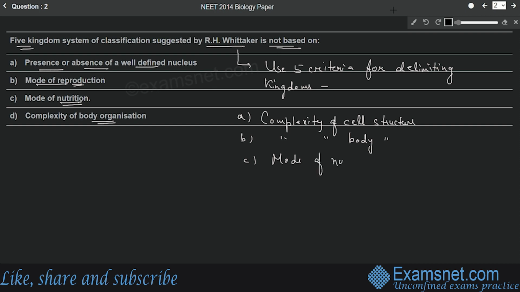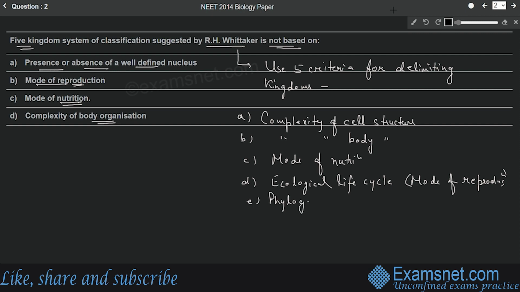Fourth is ecological life cycle, including the mode of reproduction. And the last one was phylogenetic relationship, and this was the most important one, that means the evolutionary relationship.